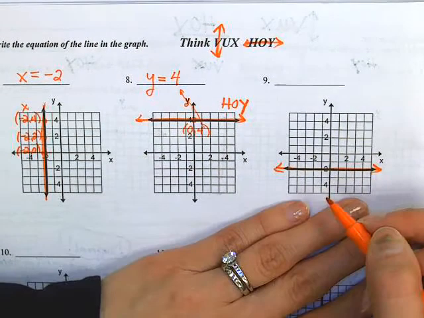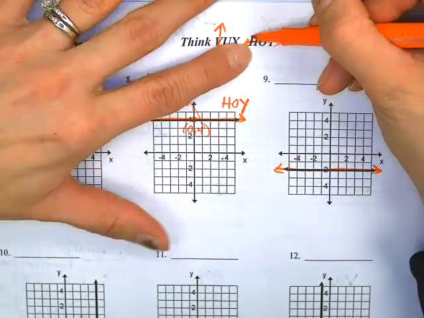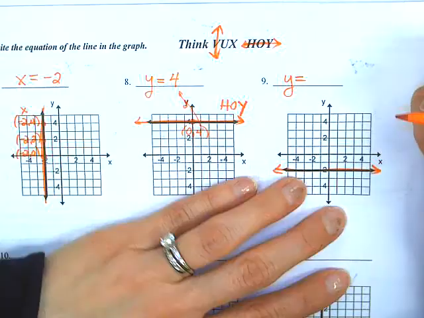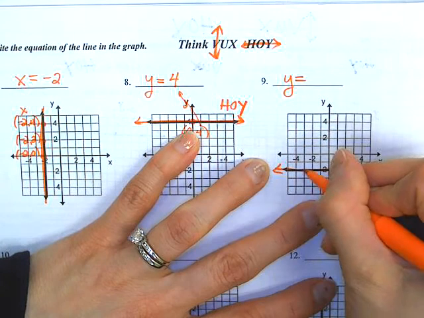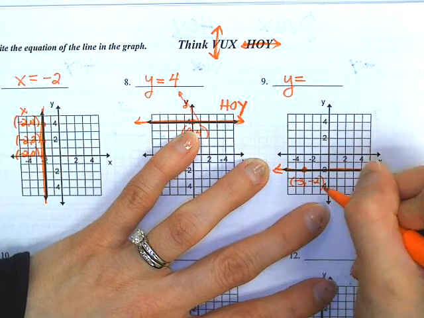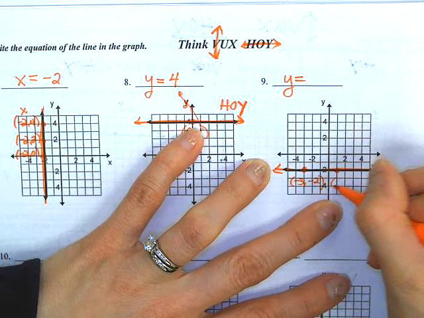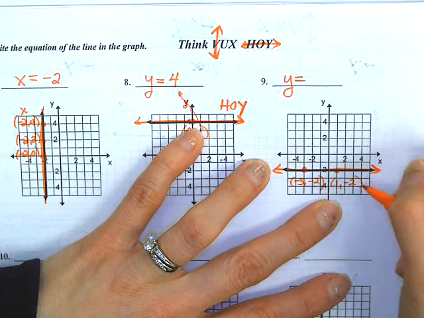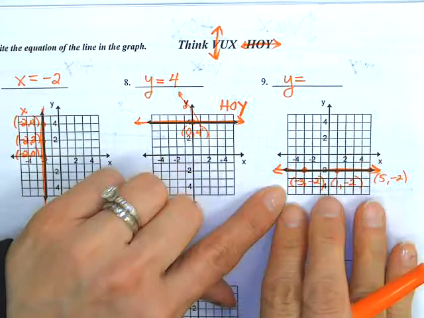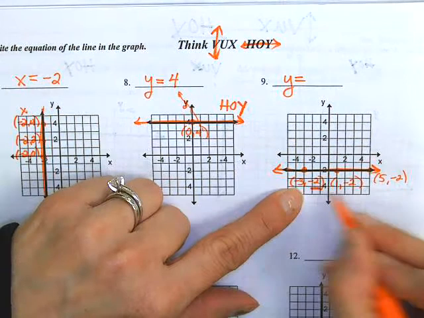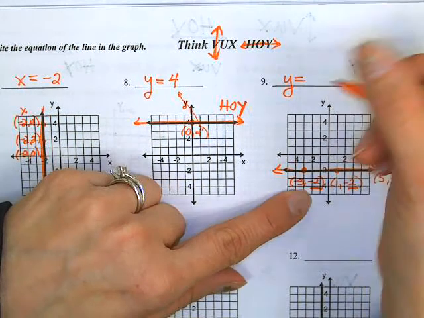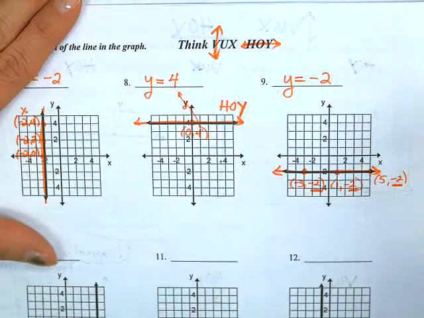Horizontal equations get y equals. But if you forget that, you can start writing some points. This is the point negative 3, negative 2. Here's the point 1, negative 2. Here's the point 5, negative 2. What do you notice? All of the y's are negative 2. So the equation is y equals negative 2.